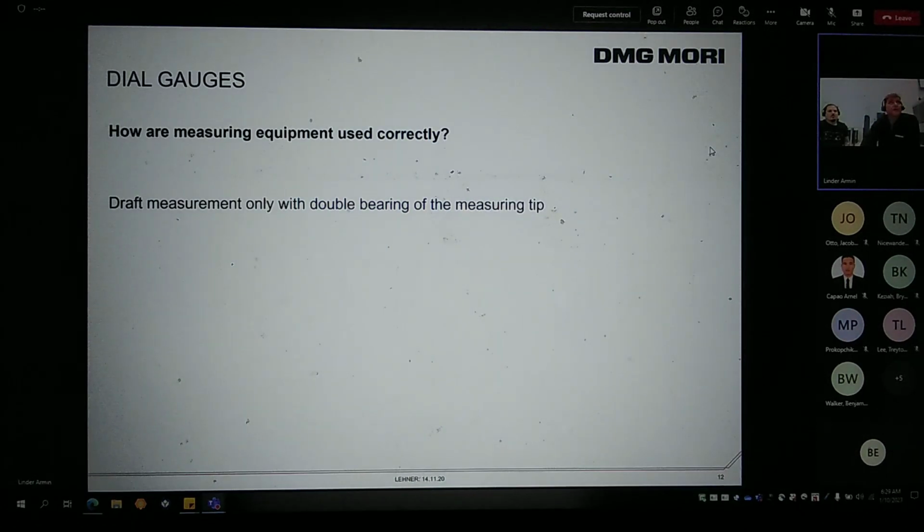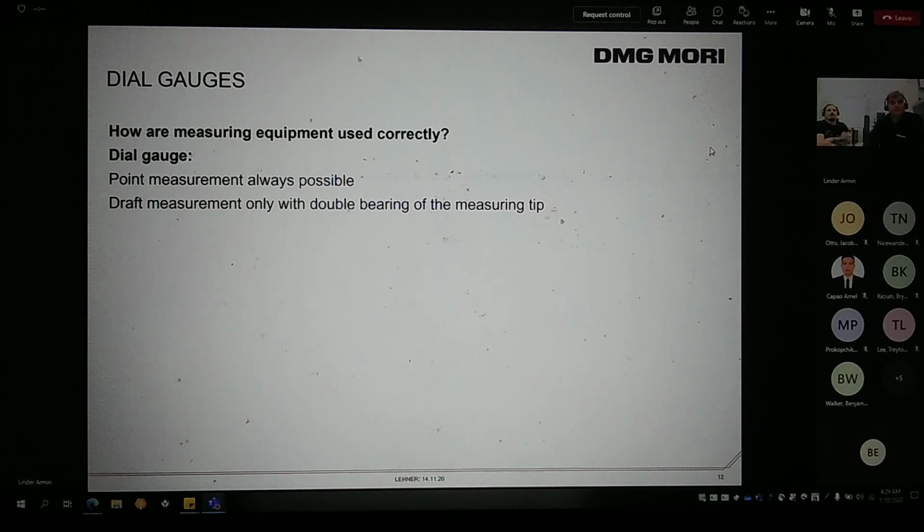Okay, so dial gauges, I only want to talk a little bit about the dial gauges because there are some interesting points. Draft measurements and point measurements are also possible with a dial gauge, but there you have to be careful.